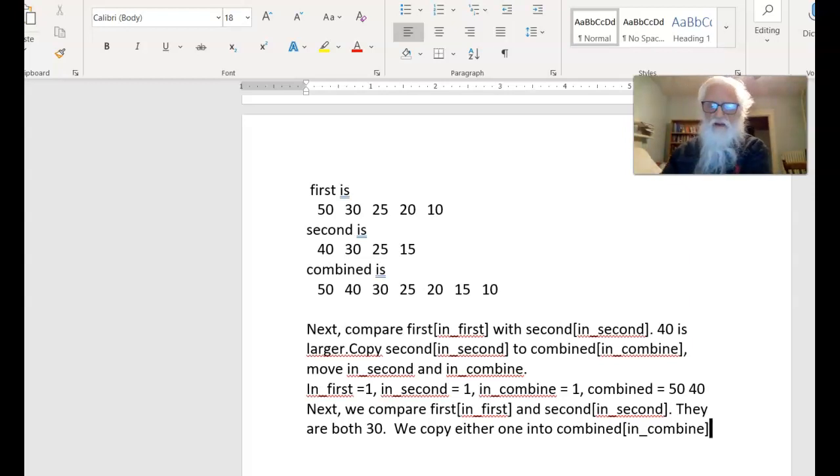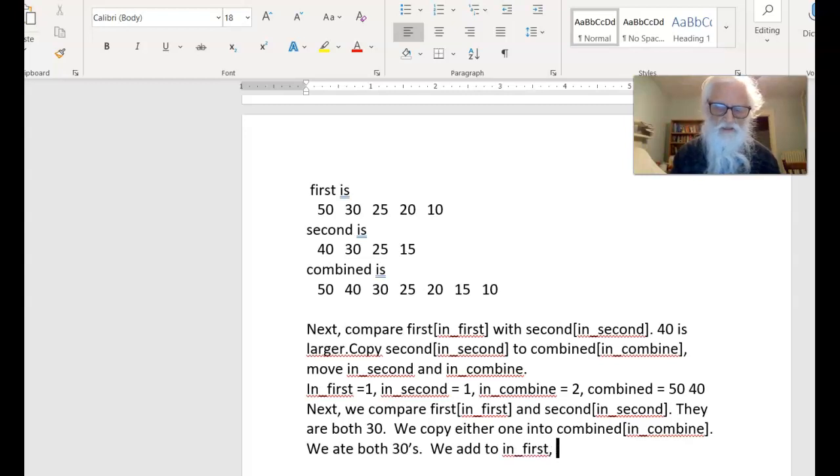Now, I made a mistake here. This is now 2. There are 2 things in there. Now, let's look at this. What have we used? We ate both 30s. We finished them. So, we add 2 in first, in second, and in combine.